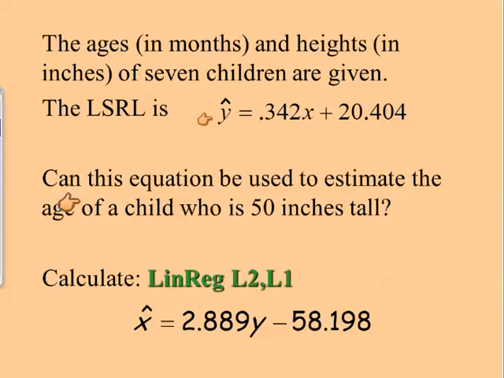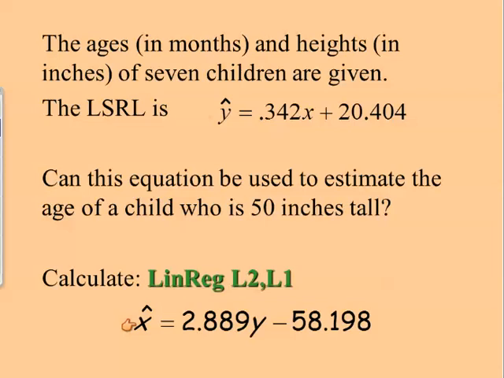So the ages, months and heights of the 7 children gave us this line right here. This equation can be used to estimate the age of a child who is 50 inches tall. They're asking, what happens if you calculate the linear regression going the other way, L2 versus L1? Can the heights tell you how old a child is? You get a little equation like this one here.